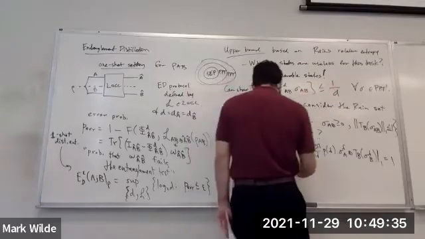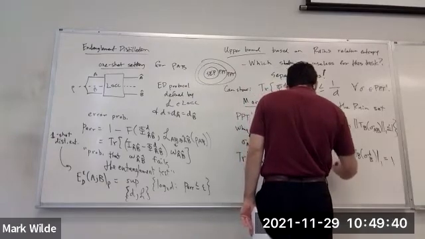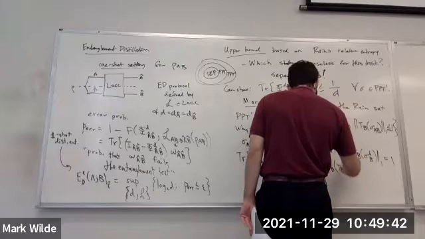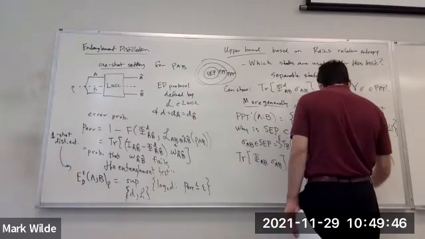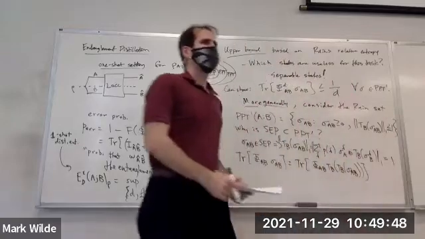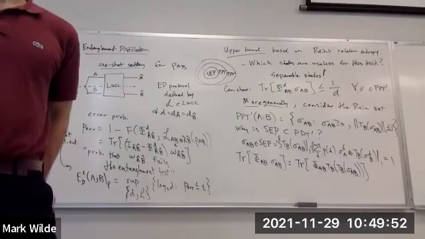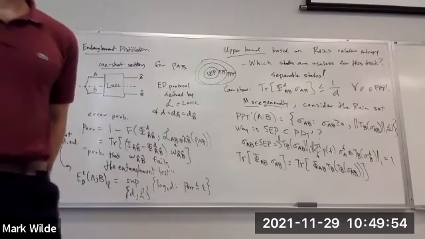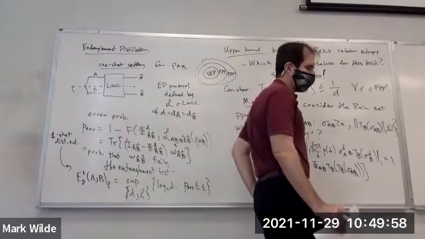All right. Let's do that. Any ideas now? What do we know about adjoint of partial transpose?